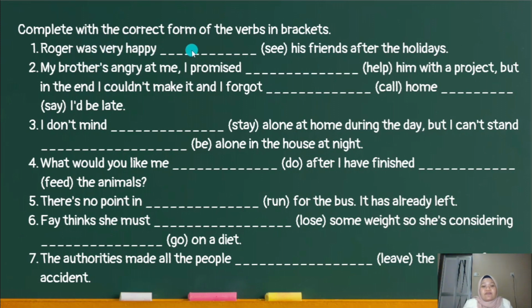Complete with the correct form of the verbs in brackets. Remember, these questions include the types of infinitive, bare infinitive and to infinitive, and also questions on gerunds. First question: Roger was very happy, blank, in brackets see, his friends after the holidays.